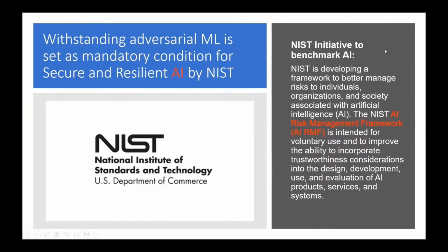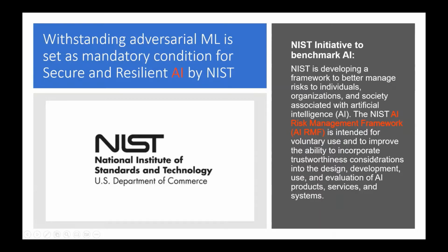According to them, NIST is developing a framework to better manage risk to individuals, organizations, and society associated with artificial intelligence. The NIST risk management framework is still under development and is intended for voluntary use.